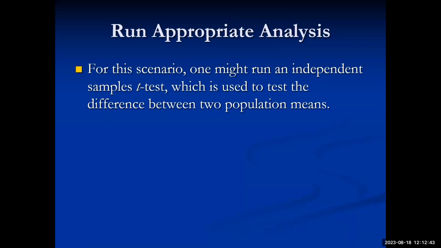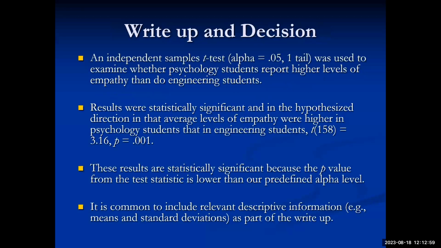Next, we're going to run an analysis and make a decision about our null hypothesis. In this hypothetical scenario, we could use an independent samples t-test, which is one of many inferential statistical procedures that can be used to test the difference between two population means. So here we've got a write-up and decision about the null.